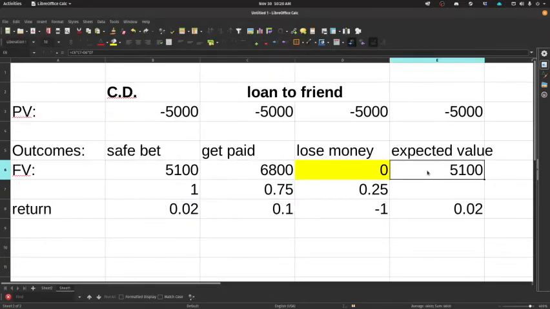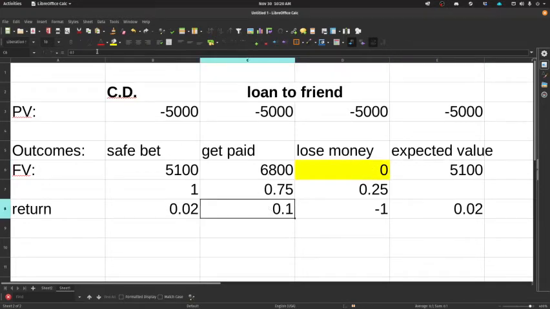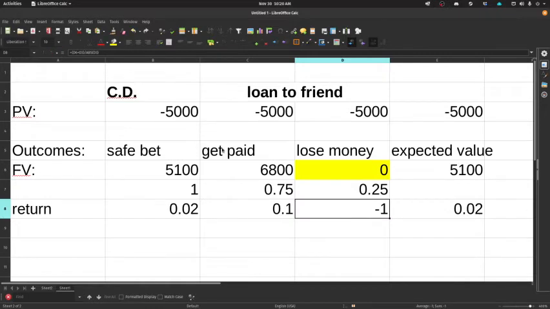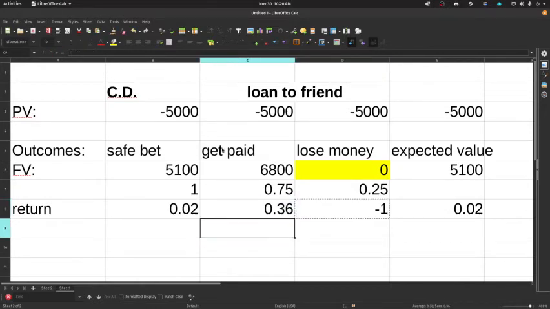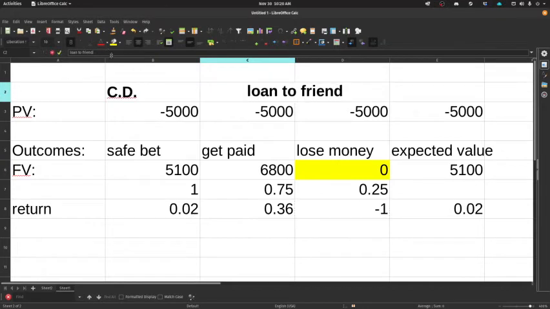Okay, so if we don't have collateral, how much do we get paid? Oh, you know what? Let's copy this over here just so we're getting a better calculation. So without collateral, right, you're issuing a loan not to a friend, but to some stranger.